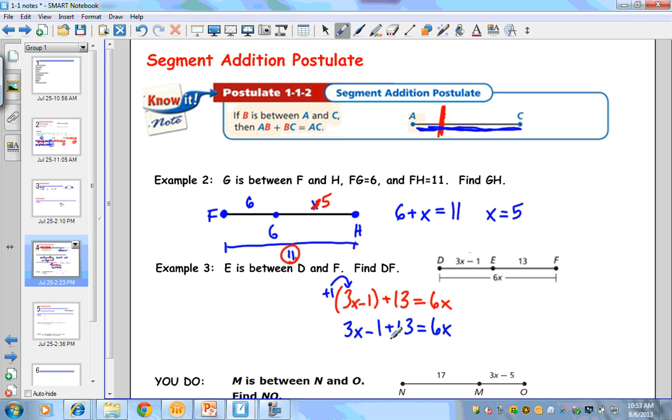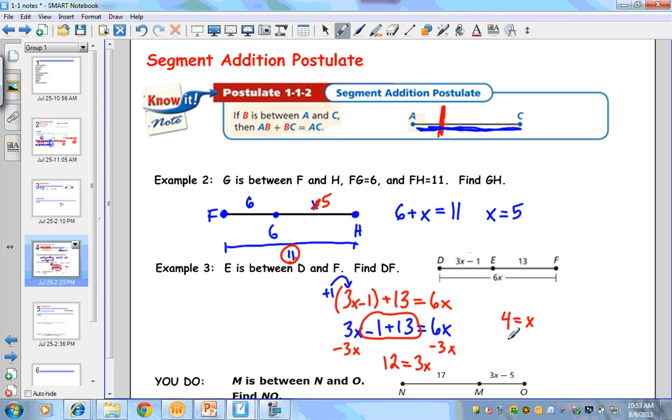Now, using the rules of algebra and combining like terms, I'm going to subtract 3x from both sides, and I'm going to combine the negative 1 and positive 13, which gives us 12 equals 3x. Now, at this point, it should be pretty simple. I'm going to divide by 3, and then x would equal 4. Okay? Now, most math students would say, I'm done.